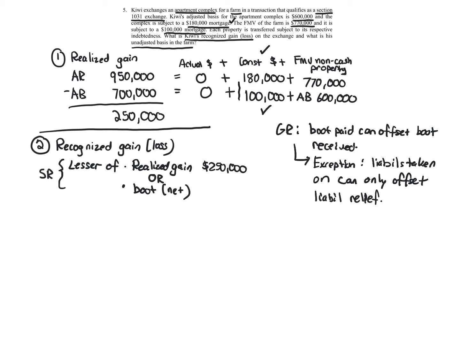So that means here, if you have a number here, this $100,000, it can only go up. It cannot go over here, cannot go this way for offsetting different types of boot. Okay?